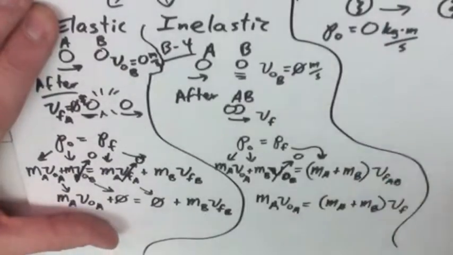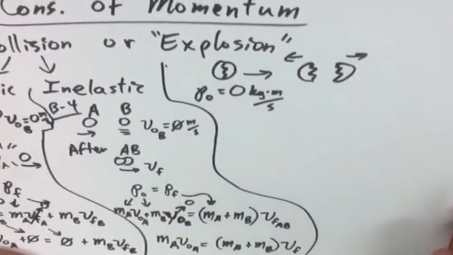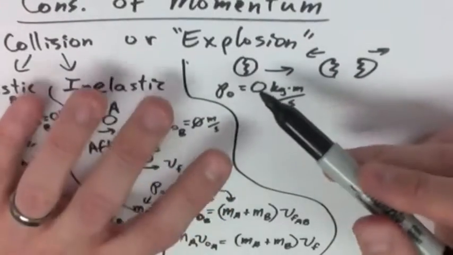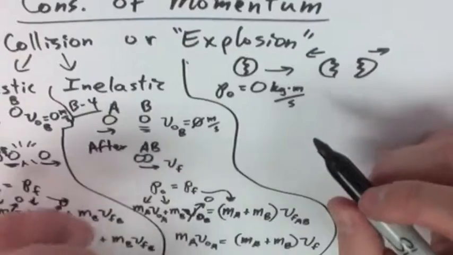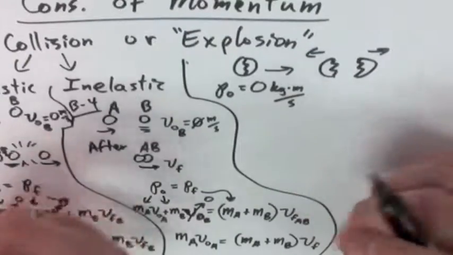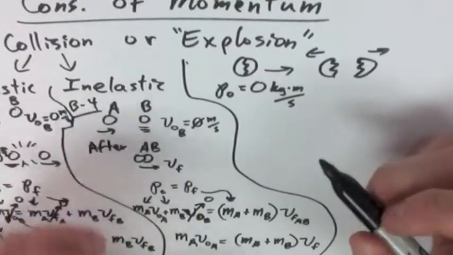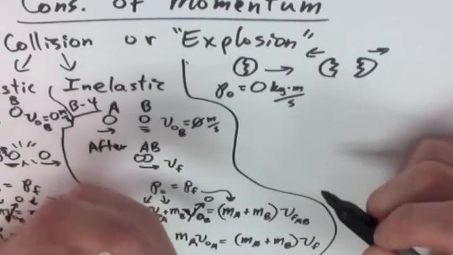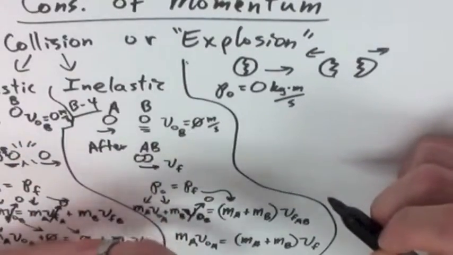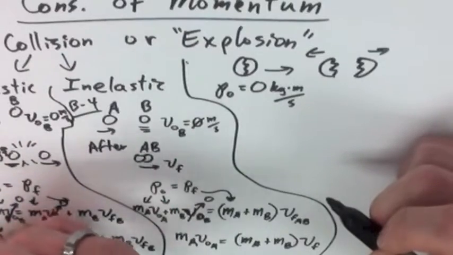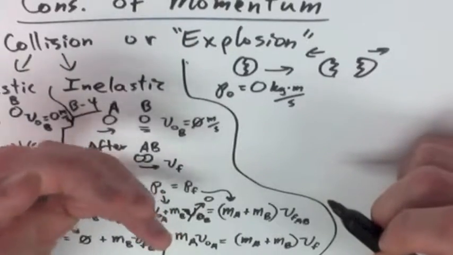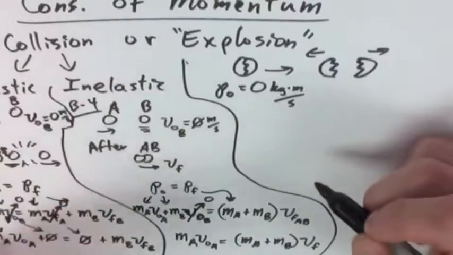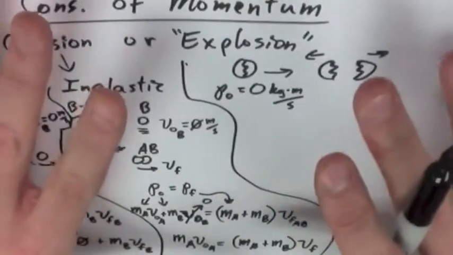Looking at explosions over here, explosions are really exciting, really fun. But I write explosions in parentheses because it doesn't have to have a big bang, a big boom. It could be an astronaut in space holding a fire extinguisher, using it like a little rocket, and then they're out of the foam, and they still need to change their direction so they could throw the extinguisher away.